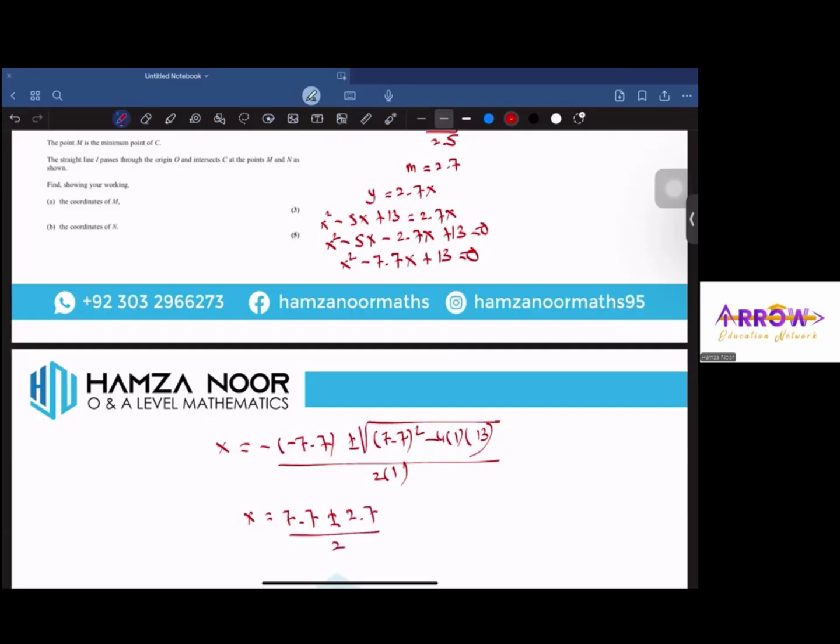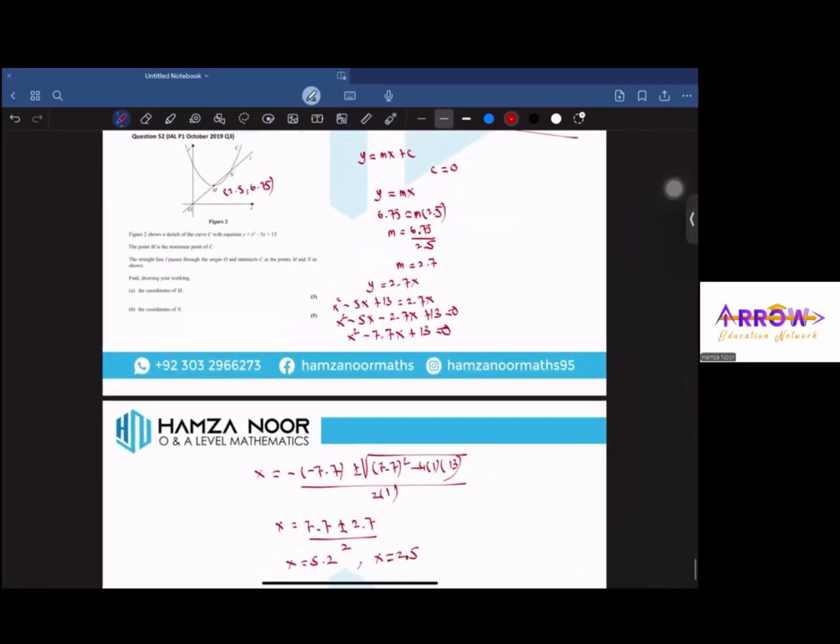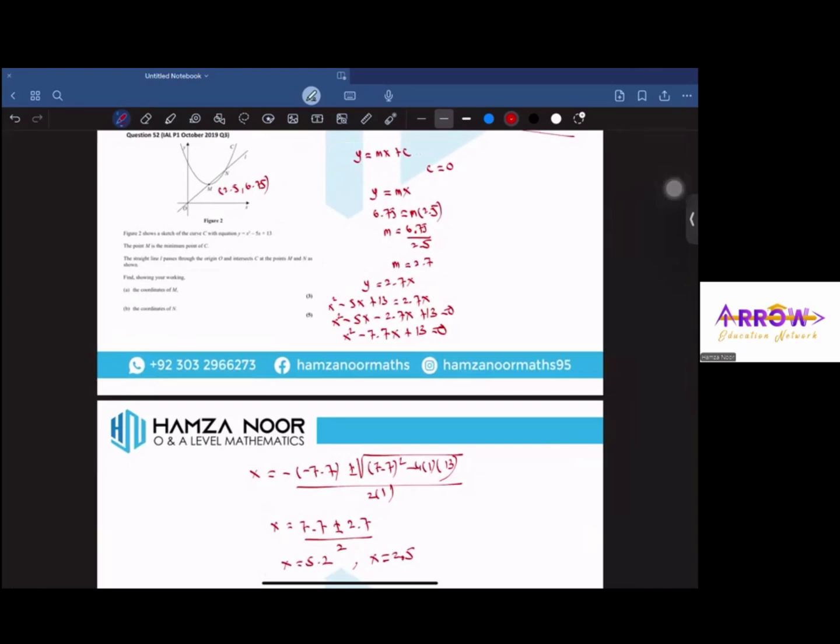So 7.7 plus 2.7 divided by 2. One value is x equals 5.2 and the other value is 7.7 minus 2.7 divided by 2, meaning x equals 5 over 2, which is 2.5, and x equals 2.5 is basically the x coordinate of point M, which we have already found in part A.